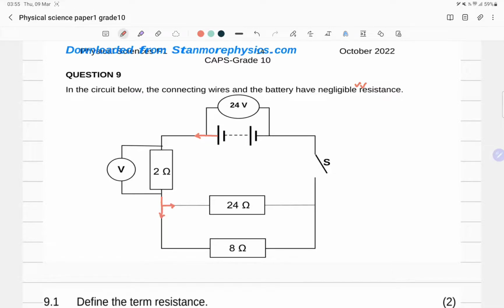Then the branches come together into one, but there is no current when the switch is open. When it is closed, it completes the circuit. So we've got a parallel connection in series with the 2 ohm resistor.